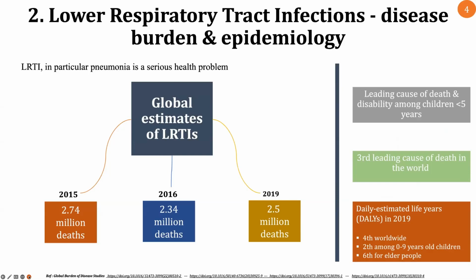When we look at the situation in 2015, 2016, and 2009, more than 2 million people have lower respiratory tract infection. That's why it is considered the leading cause of death and disability among young children, but also the third leading cause of death in the world.